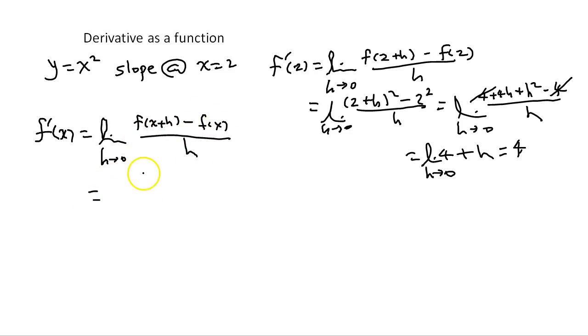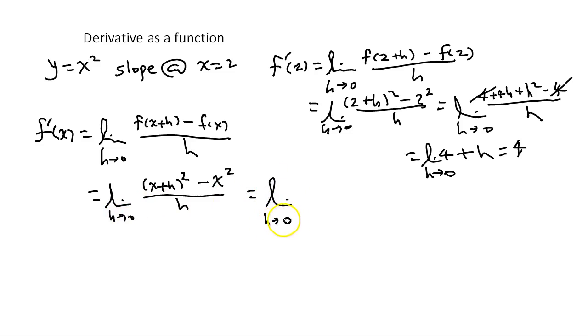Plugging x plus h into the x squared function means you have to square it, and you subtract x squared, divided by h, limit h going to 0. If you square x plus h, you get x squared and h squared, and then you get some cross terms, 2xh.